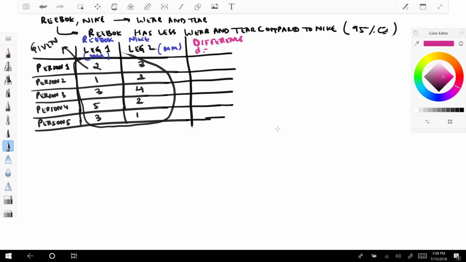That is very important. So for our case, Reebok minus Nike. I will write Reebok as R minus N. So Reebok I am representing by R and Nike I am representing by N.